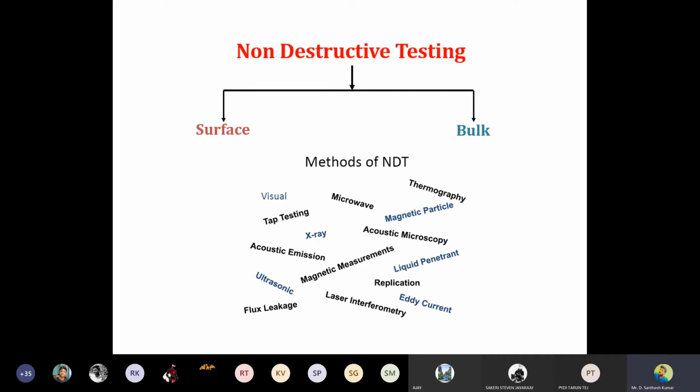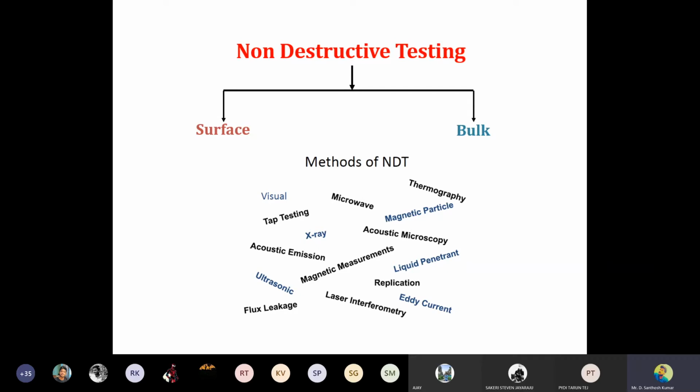Similarly, if you know that the defects are going to be inside the material below the surface, then you have to select the bulk or volume NDT methods. The different methods listed over here fall under different categories: some of them fall under the first category, surface NDT, and some fall under the second category, bulk or volume.